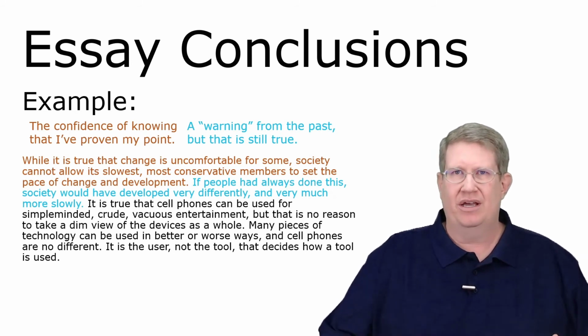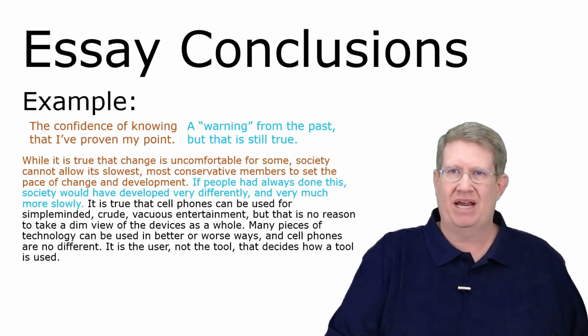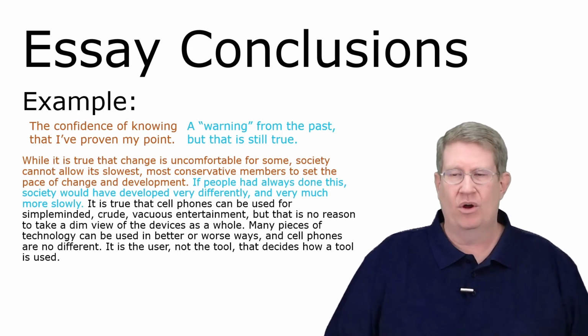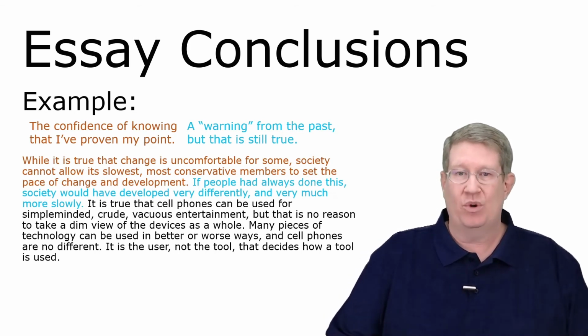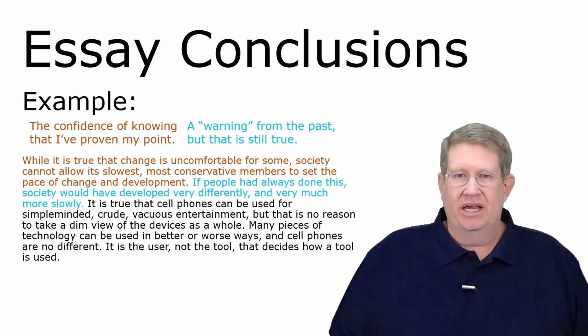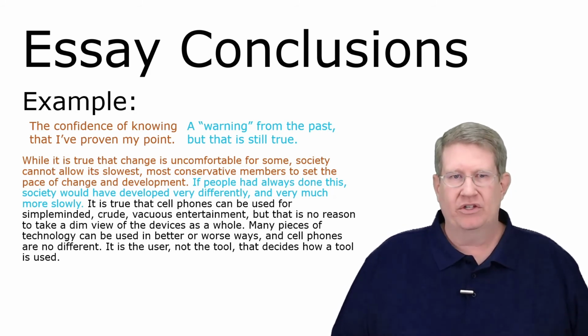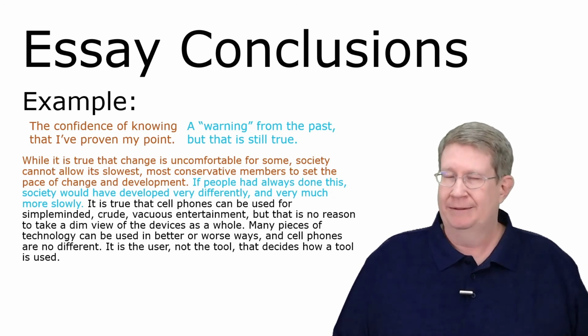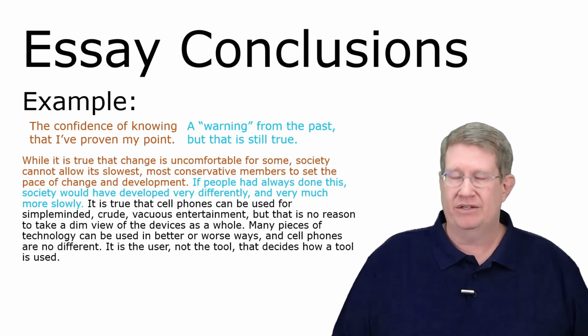So just explaining that if we had done this in the past, there would have been consequences now. We can't start doing this now. We can't start letting the slowest, most conservative members of society set the pace. That sentence is, if people had always done this, society would have developed very differently and very much more slowly. I hope that's self-evident. I hope it's easy to see and to understand that.